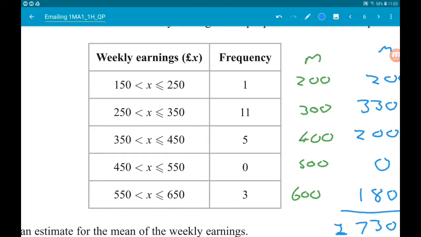The reason is that the 3 at the top end, between 550 and 650, are really outliers. There's no one between 450 and 550, so those 3 are outliers. They are going to skew the mean. So yes, we do agree with Nadia.